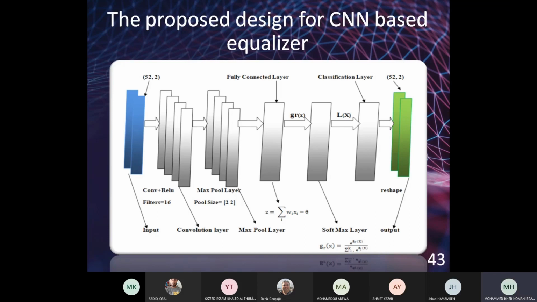A max pooling layer is applied to downsample the output of the convolution layer. This layer operates by dividing the input into rectangular pooling regions and taking the maximum of each region. I implemented a pool size of 2 by 2 along with a step size of 2 by 2, I mean a stride of 2.